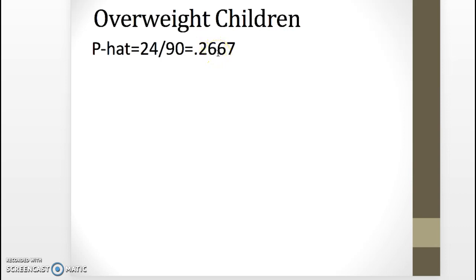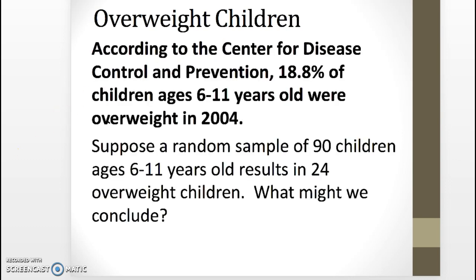This is a little bit different than what we saw in Chapter 6. In Chapter 6 with the binomial distribution, we did have problems that would sound similar to this, and we would say, what is the probability of obtaining exactly 24 overweight children? And for the binomial distribution, it was a discrete distribution, and we could obtain the probability for an exactly 24.